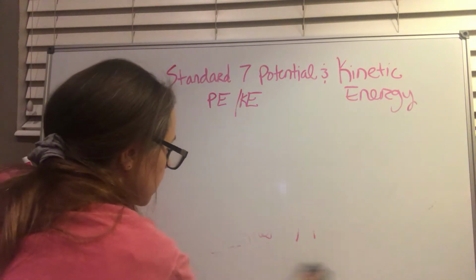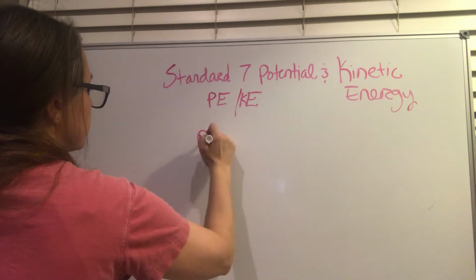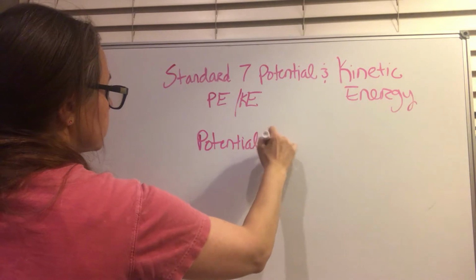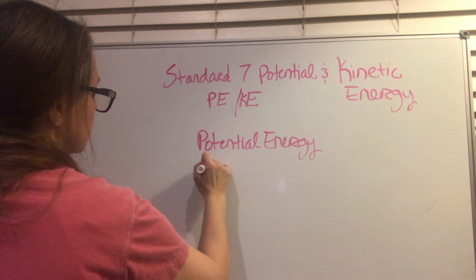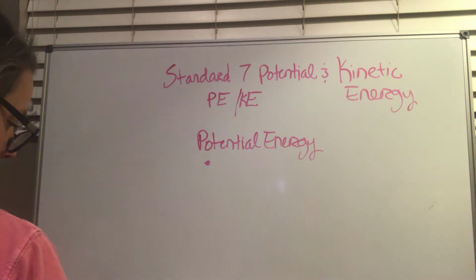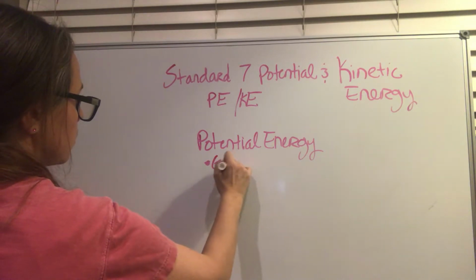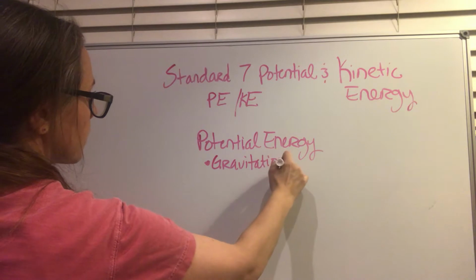Okay, so for potential energy, there's a few different ways to have potential energy. And I think we mainly talked about two. We may have mentioned one of the other ones, but we didn't talk about the last one. So this is gravitational. We've already talked about that just a few minutes ago.